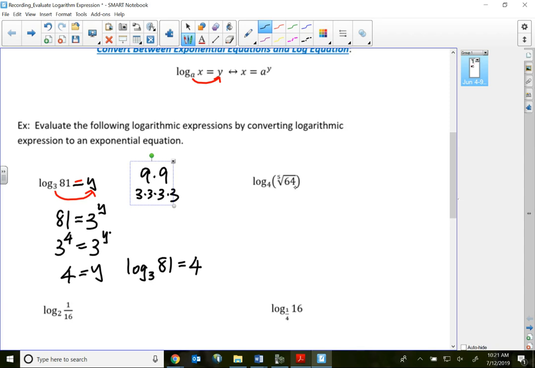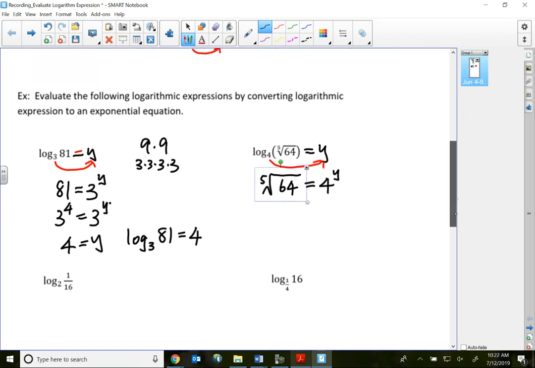All right, let's try this one. On the one on the right, I'm again going to set my logarithm expression equal to y and convert into an exponential equation by simply moving the base to the other side. That will give me the fifth root of 64 is equal to 4 to the y power.